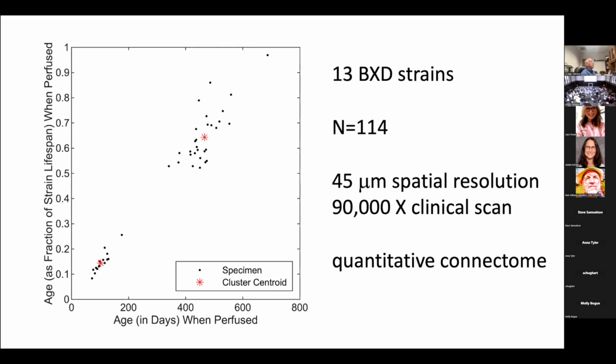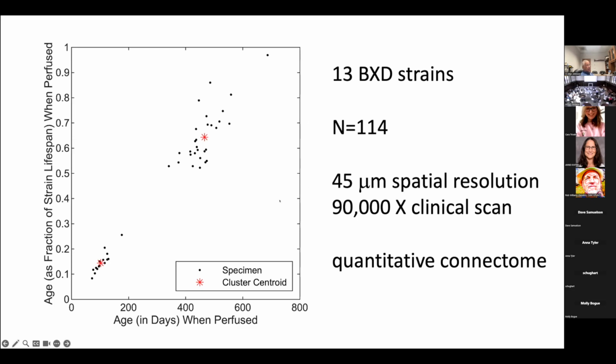So this is some work which Catherine Hornberg has done with David and Rob, in which we've looked at about 114 different animals, 13 BXD strains, with a very high spatial resolution. This is about 90,000 times the spatial resolution of a clinical DTI scan.